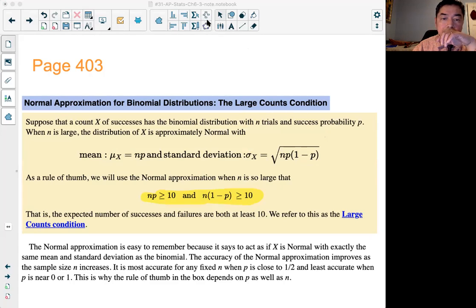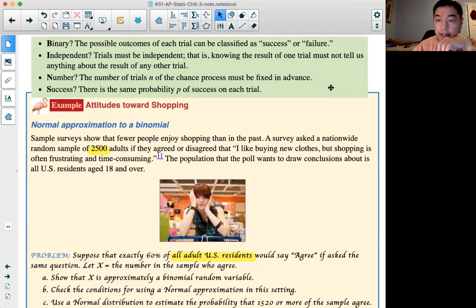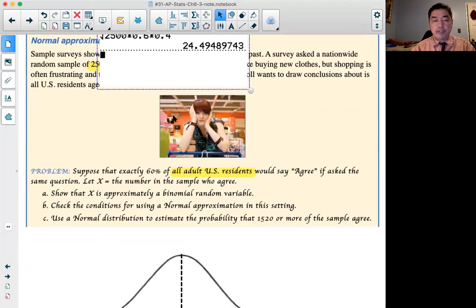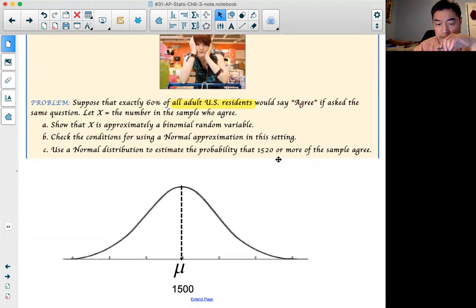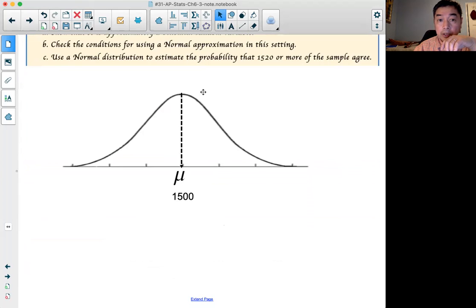N is, what was it? 2,500, right? 2,500 times success rate of 0.6 and failure rate was 40%. That's 2450. Okay, so 2450. So I wonder if you remember the z-score from here to here.